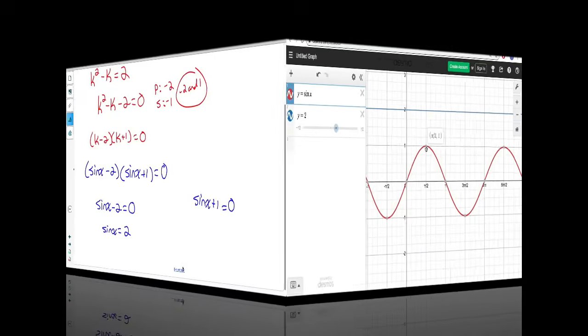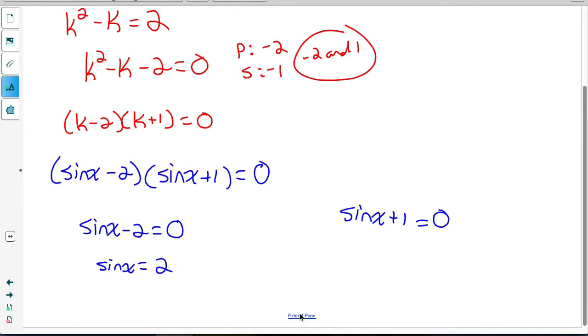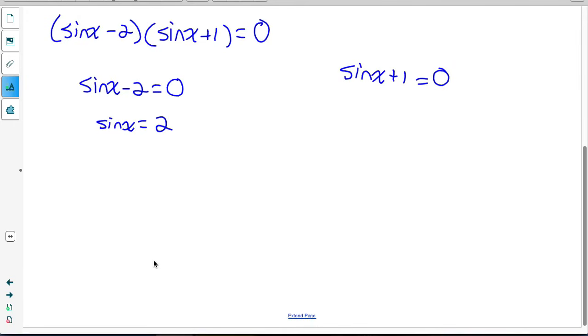So if we're ever trying to figure out for what angle a sine ratio or a cosine ratio is equal to a value that's either bigger than 1 or less than -1, we say it's not possible. No solution. There is no angle that would give us a sine ratio of any value bigger than 1 or less than -1. So there's no solution. There's no way this factor could be 0.